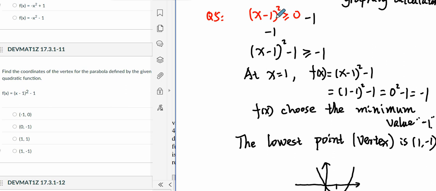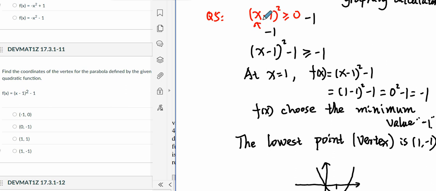Because any number, negative or positive, if you square it, you always get greater than or equal to 0, and it equals 0 at the place x equals 1. You plug in 1 here, 1 minus 1 is 0, 0 squared is 0.